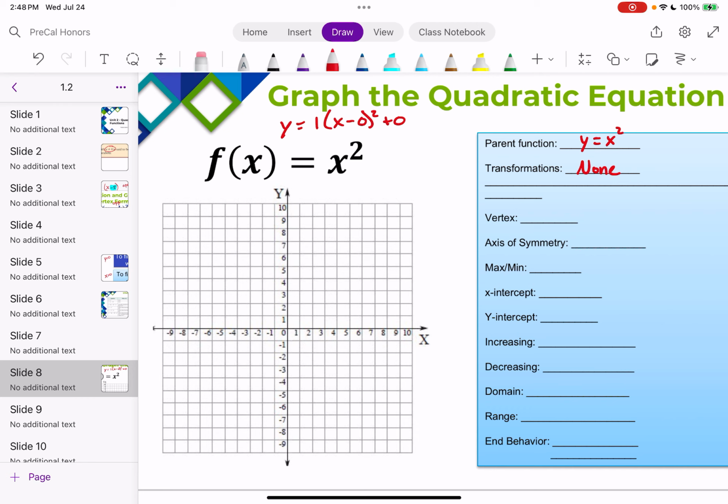That means our vertex is going to be 0, 0. Our axis of symmetry is x equals 0. Is it going to be a minimum or is it going to be a maximum? Well, this is kind of important to know because notice, if it's a positive parabola, it's a positive a, we would automatically have a minimum.